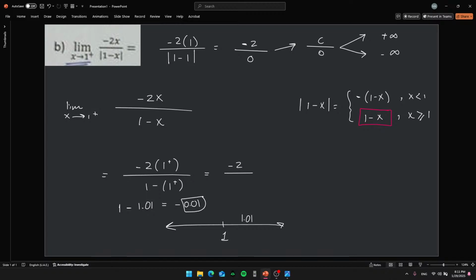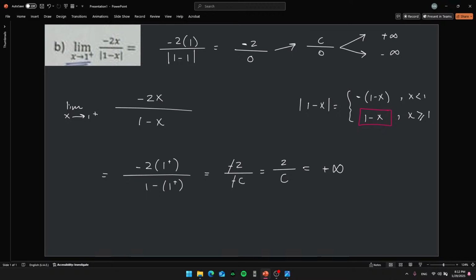It doesn't matter the value of the subtraction, I just want the sign. So I know that it's negative in the denominator, so it would be negative some number, negative c. Now the negatives will cancel, so we will get 2 over c. Okay, now 2 over c means positive infinity.